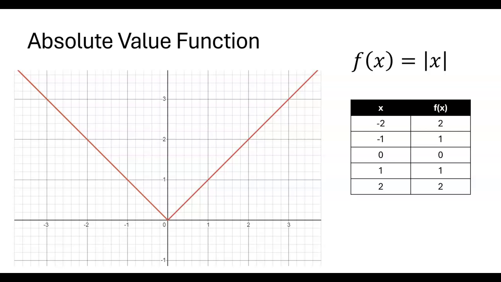So the parent function graph of the absolute value function has a vertex at 0, 0. That's the point of the v, and then we increase at a +1 slope to the right, a -1 slope as we move to the left. So it's similar in looks to the square function, but because it is the absolute value, it is straight lines where a parabola is curved.